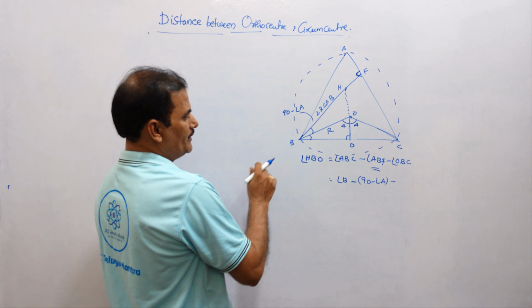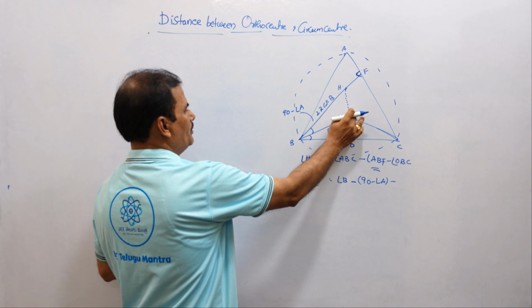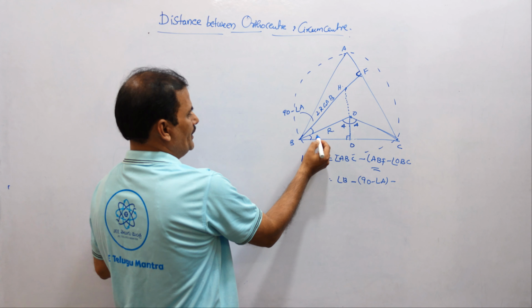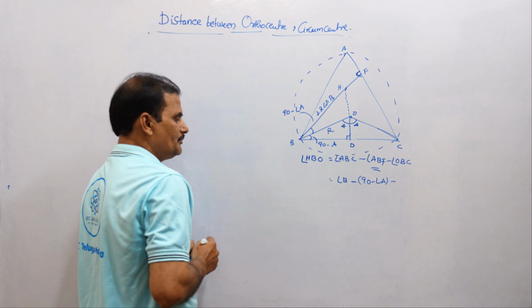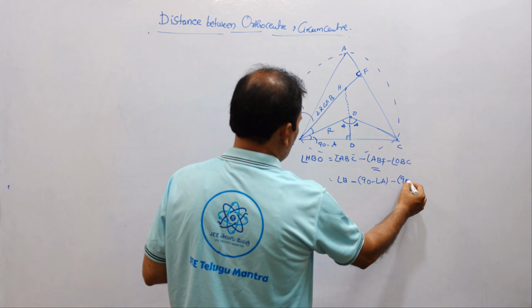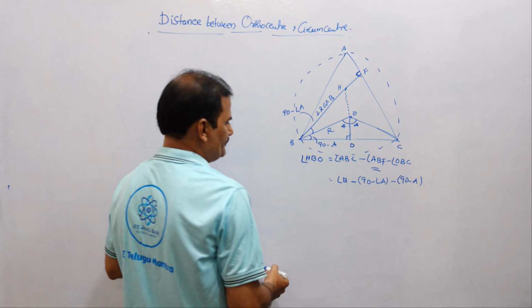Clearly observe that in BDO, this is 90 and this is A. This is also again 90 minus A. For here also angle OBC is equal to 90 minus A.